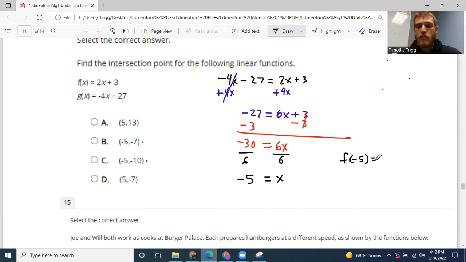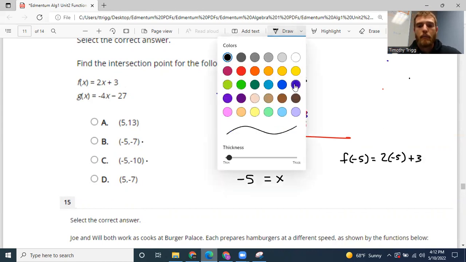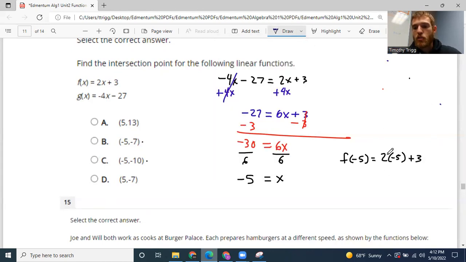And I would like to find the resulting output, in other words, the y value. Okay. So that would be 2 times negative 5, that's negative 10, plus 3 is negative 7. There we go.